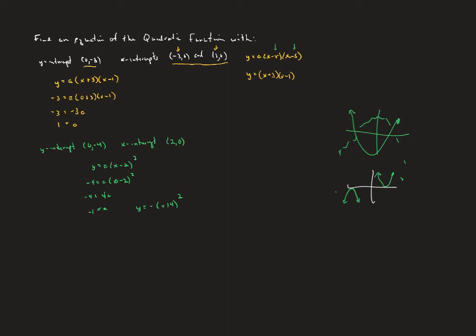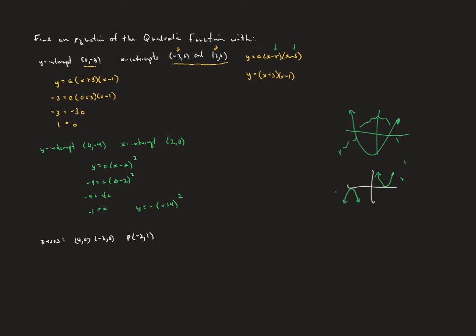So one more kind of problem here. So this time we will say that the zeros are going to be 4, 0 and negative 3, 0. And this time we know that it contains the point (-2, 1).